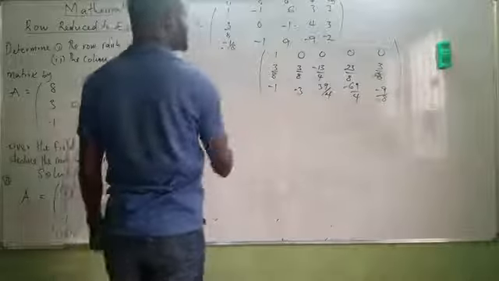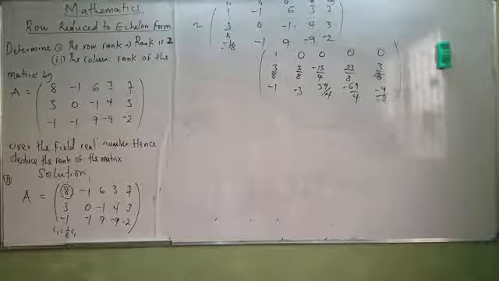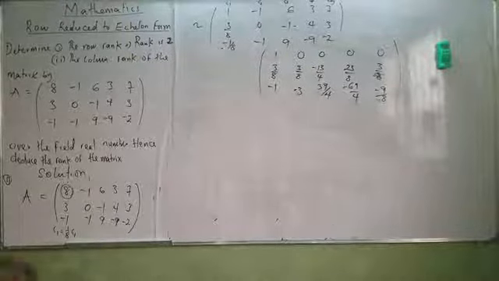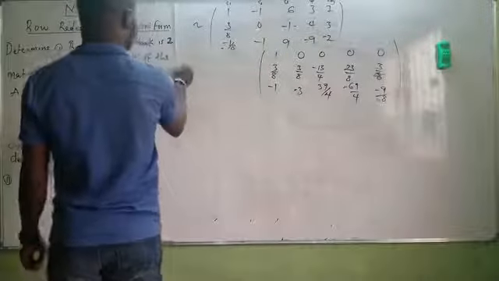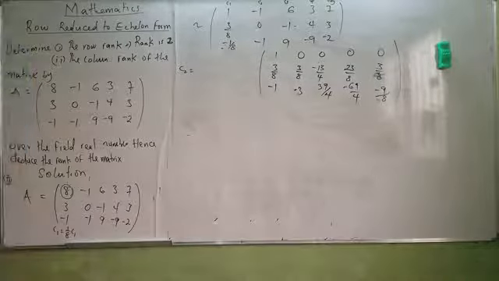And the next step, I can say that my row 2, column 2 will be equal to 8 all over 3.